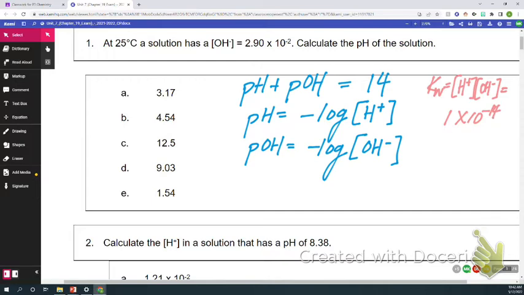Now I wrote it in pink because you can use it. You don't have to use it, but you could. In other words, if you have H plus and they want you to solve for OH minus, you can plug it in right there and solve for OH minus. This is like a shortcut way. So this is viable, okay? It's always equal to 1 times 10 to the negative 14 power.